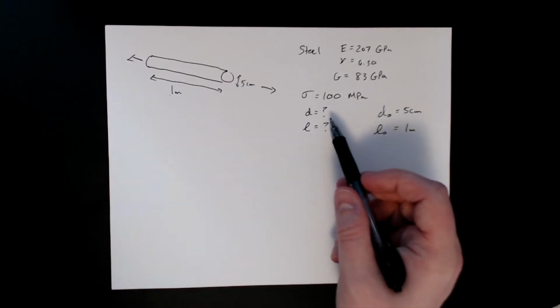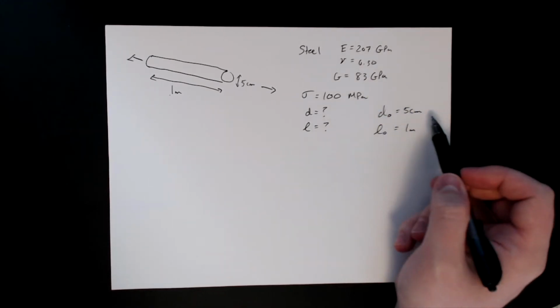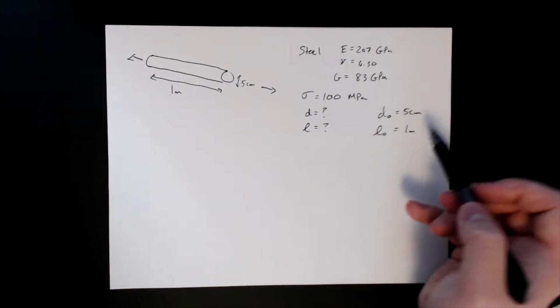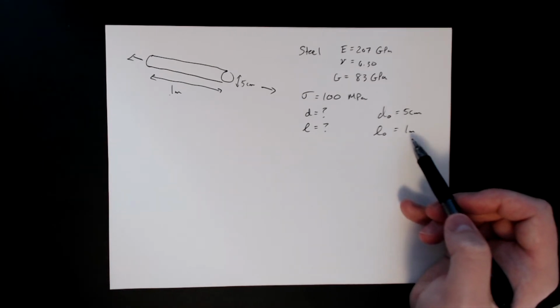We want to know the diameter and length at that stress, and we know the dimensions initially, or before that force is applied. So 5 centimeters for the diameter and the length of 1 meter. All right, so let's look and see how to do this.